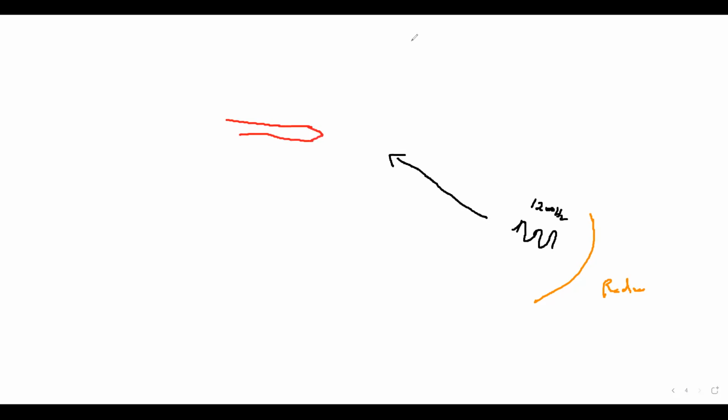For example, if the plane is moving towards the source, when these waves strike the plane, they bounce back.